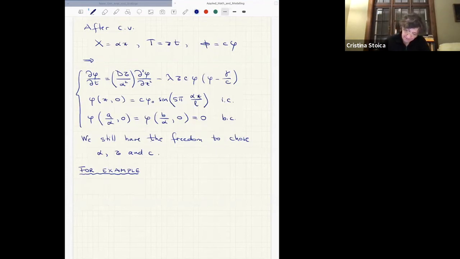So for example, we can choose alpha such that to be L. So L was the length of the interval where we are doing this analysis, A to B. So we can choose alpha to be L, and then let's see what is going on here.